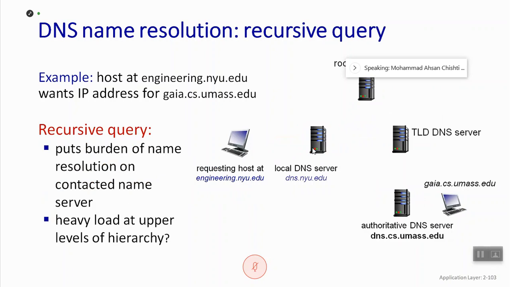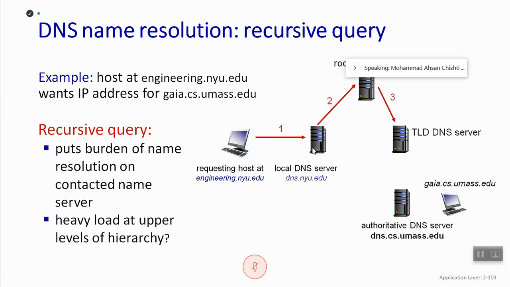The second one that we have is DNS name resolution using a recursive query. Again, they have the host which requests for it. It queries the local DNS. And the local DNS goes to the root DNS. The difference here is that root DNS would reply back to local DNS.